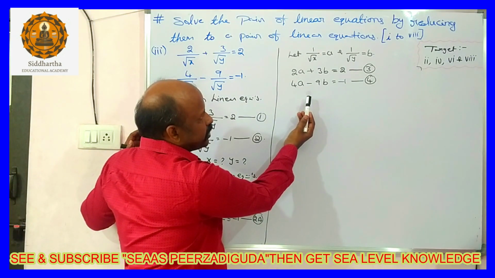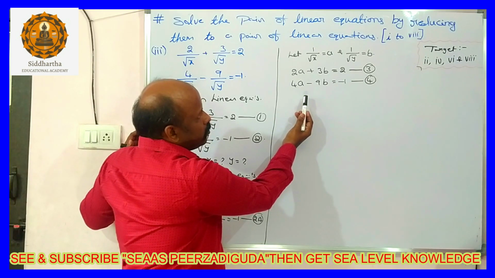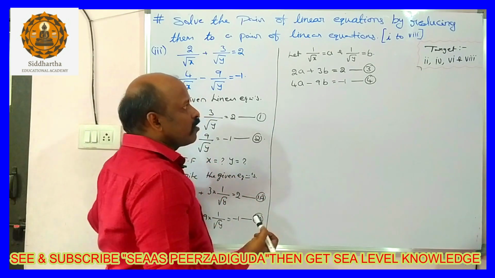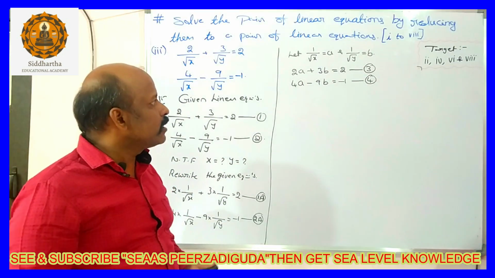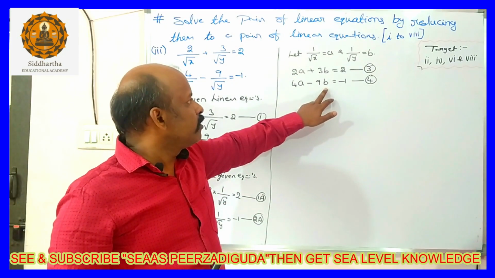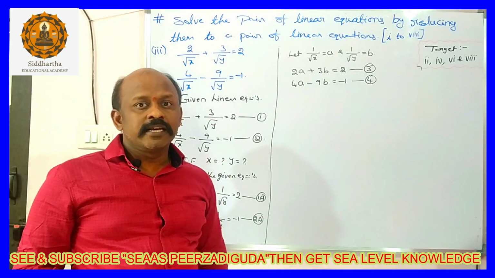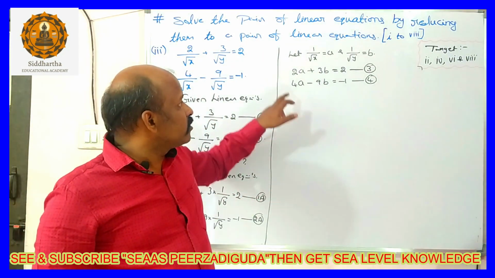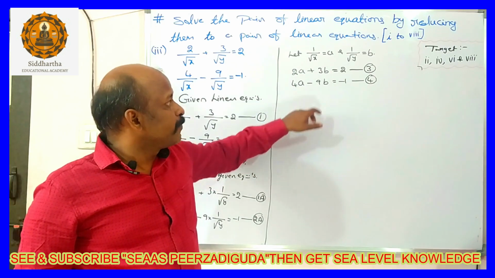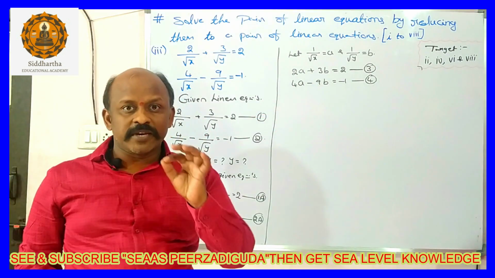In these two equations, we have to solve this one. How can we solve over here? We have to see the coefficients of a or b. Here the coefficients of b have one minus symbol, one plus symbol. That's why we can add directly by multiplying 3 to equation number 3, because these coefficients must be the same.